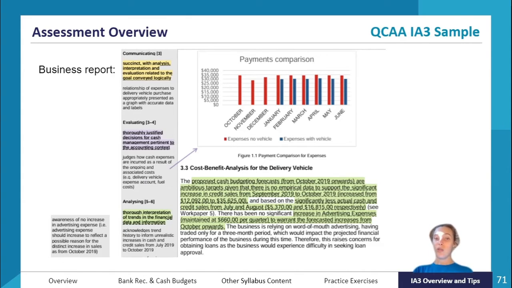Another thing that you can do is you can have your figures within your report to provide the visuals. And this really helps with making sure what you have written is easy to understand. So expenses without the vehicle is in red, expenses with the vehicle is in blue. We've got a really clear comparison to show what the situation would be in each of those scenarios.